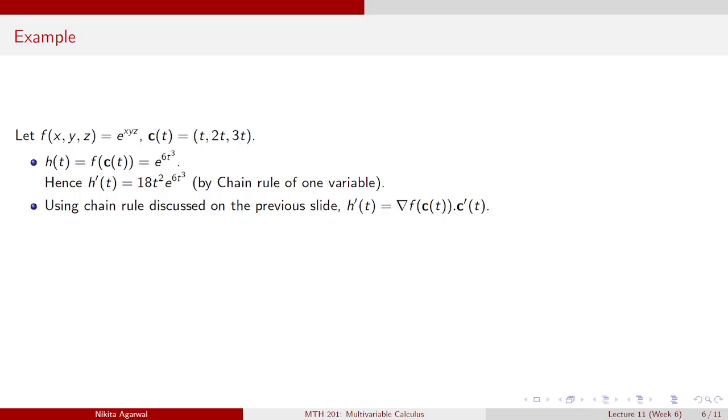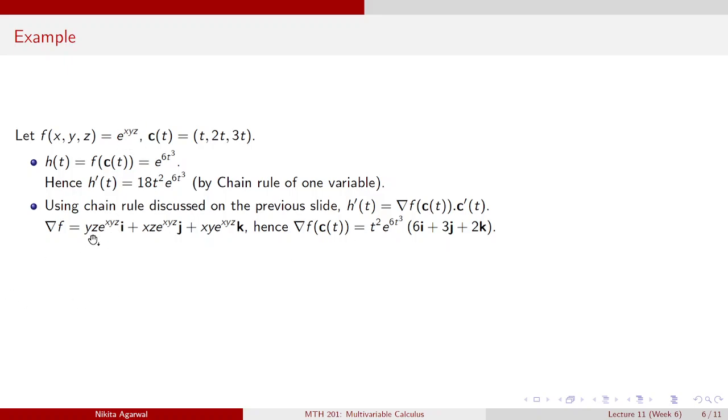Now, this is by directly substituting the c(t) here and then taking the chain rule of one variable. But if we use the chain rule from the previous slide, h prime t is nothing but gradient of f at this point dot product with c prime t. What is gradient of f? Gradient of f you can compute.